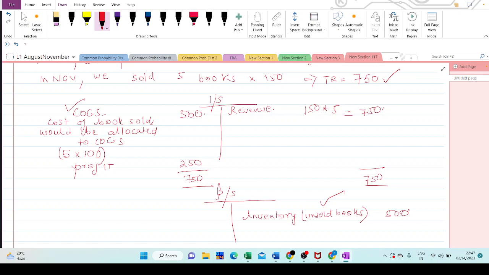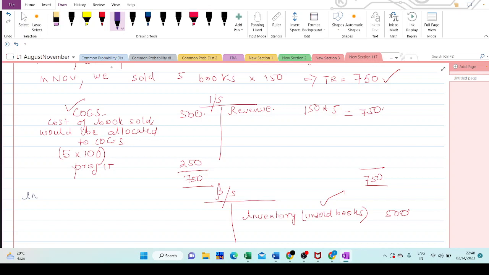So in short, what the matching principle states is that the company should report an expense in the income statement in the period in which the related revenue was earned. Please write this down.